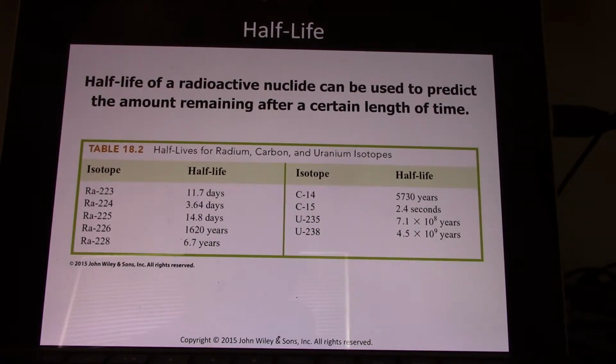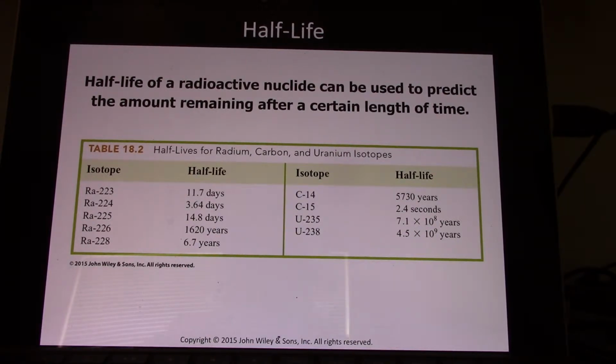Here we see some different half-lives. Radon-235 has a half-life of 11.7 days. Radon-224 has a half-life of 3.64 days. Radon-225, 14.8 days. Radon-226, 1,620 years. Radon-228, 6.7 years.